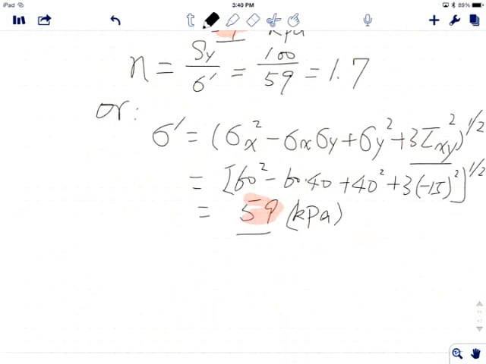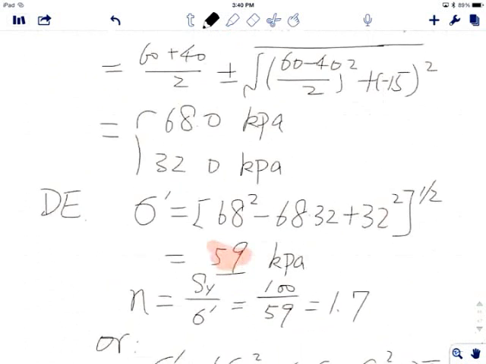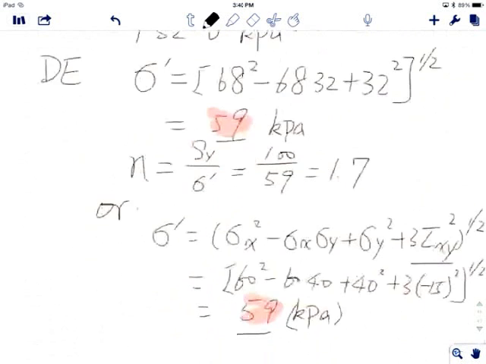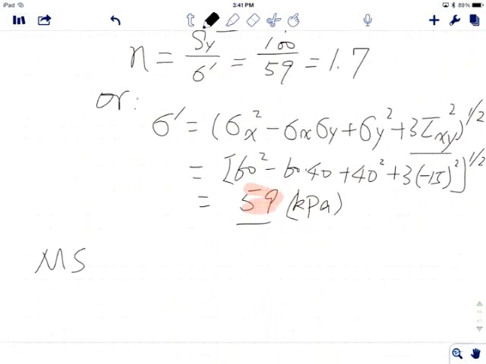I like to do the principal stress, maybe because I like the harder way. Actually, the reason is that for maximum shear stress you need to calculate the principal stress anyway. So even if you used the other method, you still have to find the principal stress for the maximum shear stress, so it's not going to give you any shortcut.